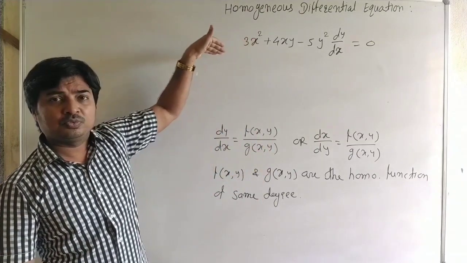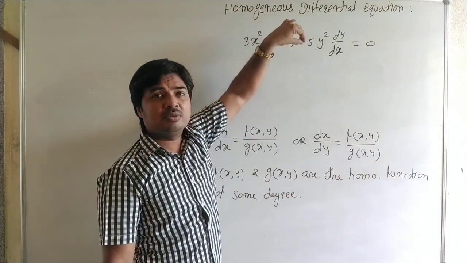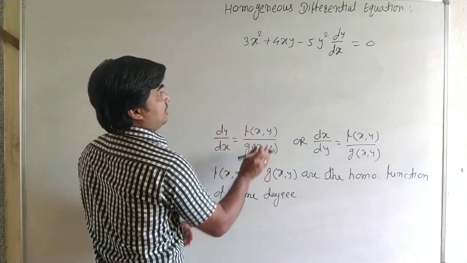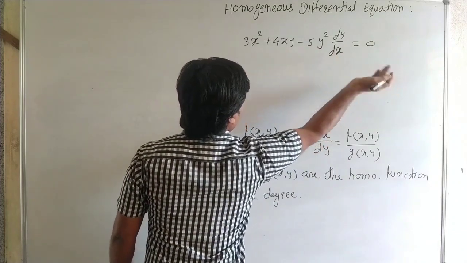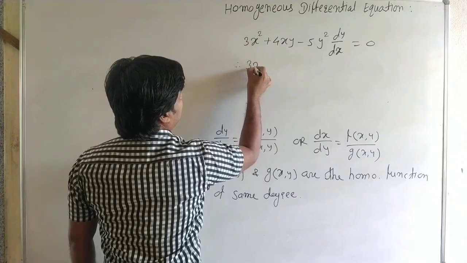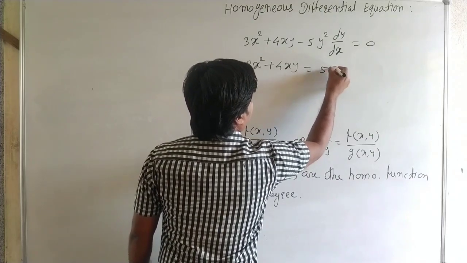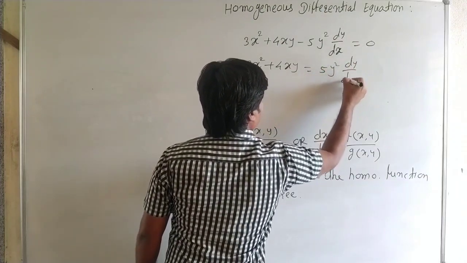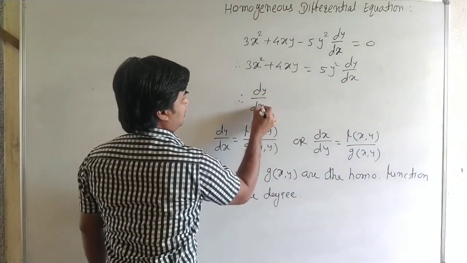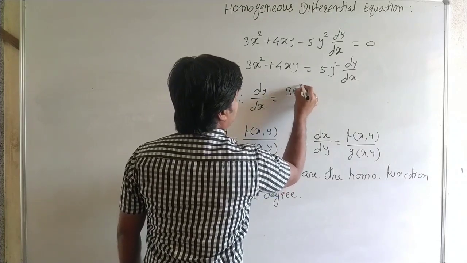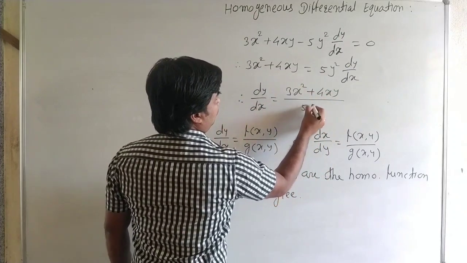Now see this example. We can write this homogeneous differential equation in the form of a homogeneous differential equation. Therefore we move the minus 5y square dy by dx to the RHS. Therefore it is 3x square plus 4xy equal to 5y square dy by dx, and therefore dy by dx is equal to 3x square plus 4xy upon 5y square.